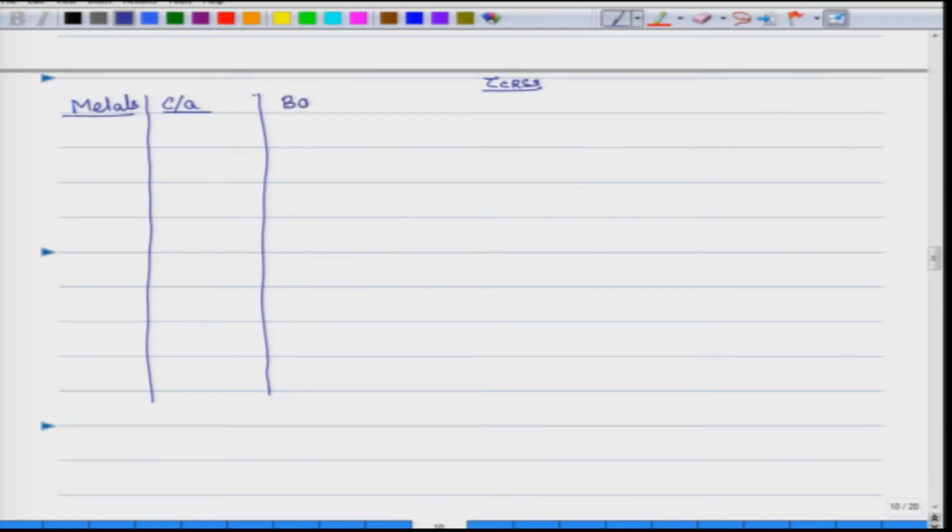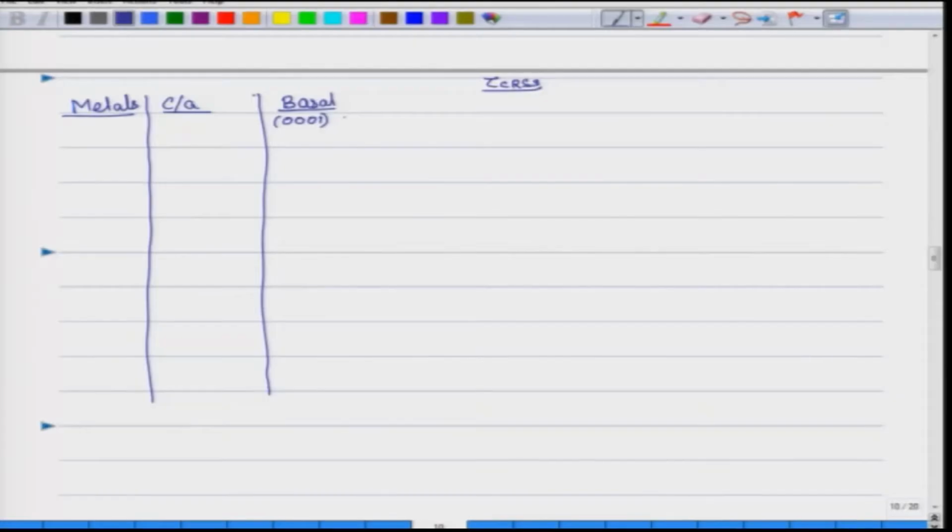So, one of them is the basal, which is what we are most interested in, because we said this is the preferred system for an ideal system, for an ideal HCP or close packed structure, or when the c by a ratio is greater than the ideal value.